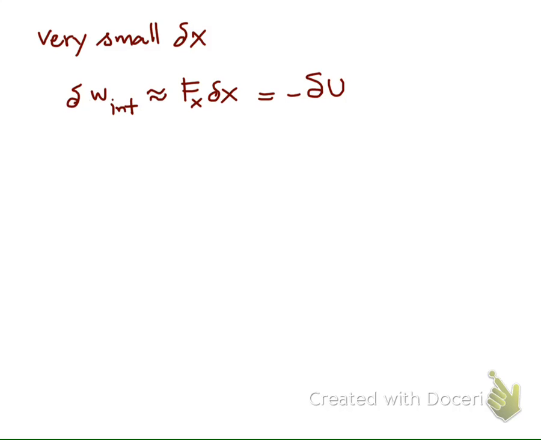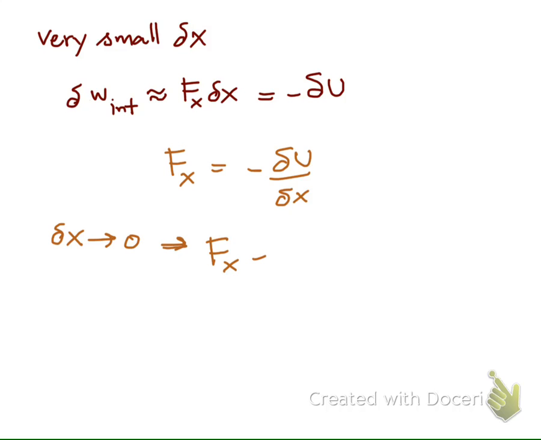So from this relation we have that Fx is equal to minus delta U over delta x, and in the limit of delta x going to 0, we have that Fx is equal to minus dU by dx.